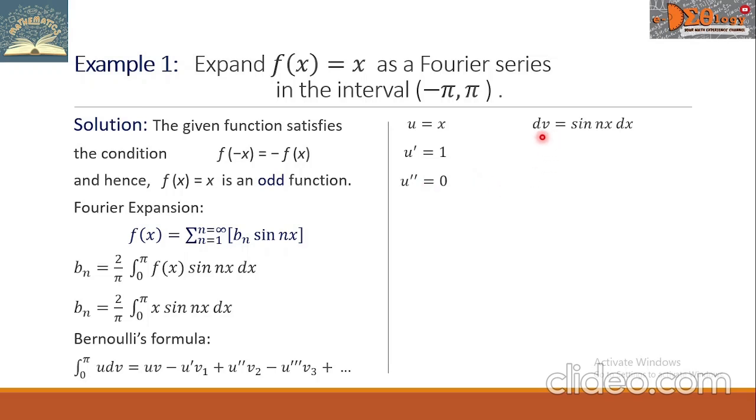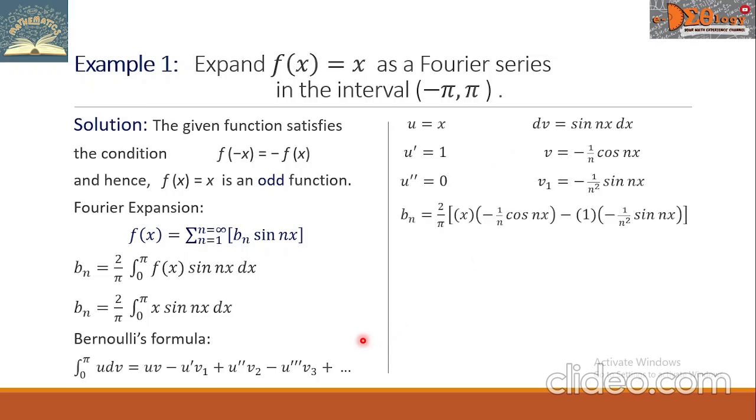So integral of dv is v equals integral of sine nx dx is negative 1 over n times cosine nx. The integral of v is v sub 1, and this is equal to negative 1 over n squared times sine nx. Now let us substitute the corresponding values to our Bernoulli's formula.